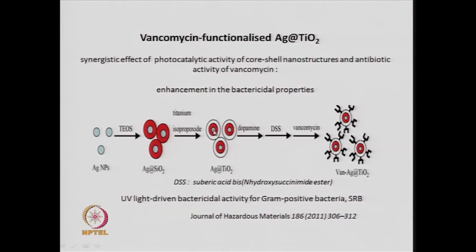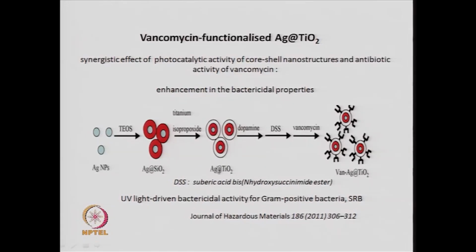So, the silver is inside, in between there is a silica SiO2 shell, and on top of that there is a TiO2 shell, but together we are referring to this system as silver TiO2 core shell structure, and we are not referring to the silica which is in between.